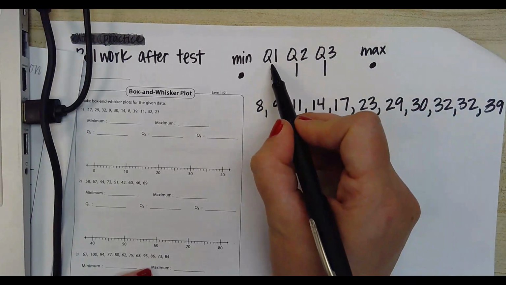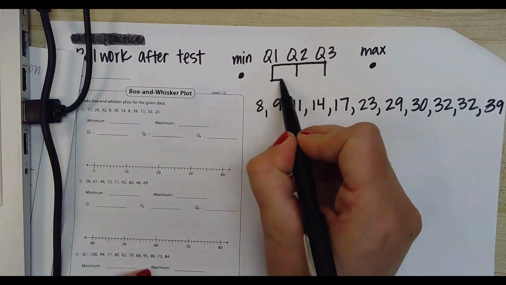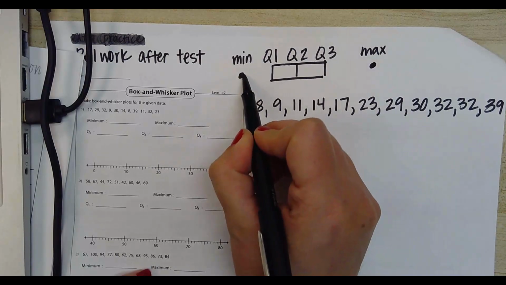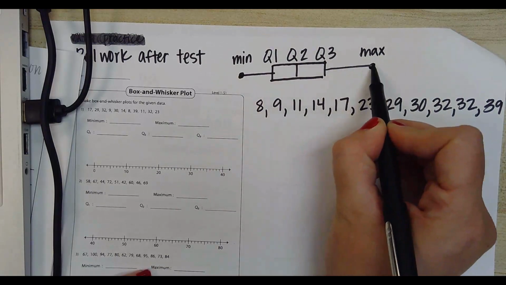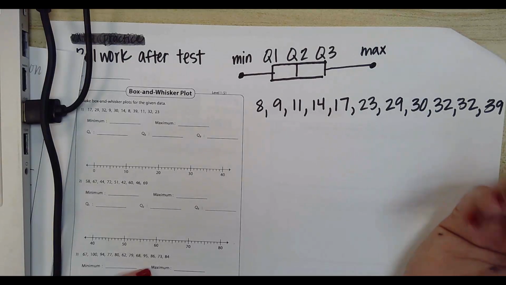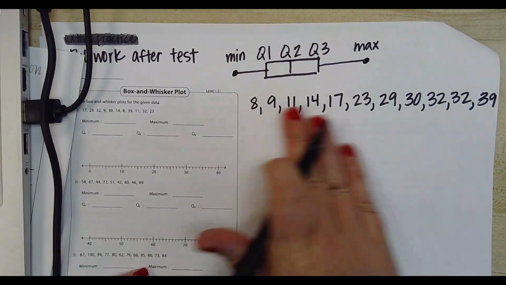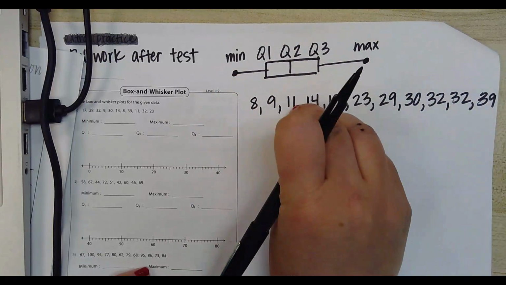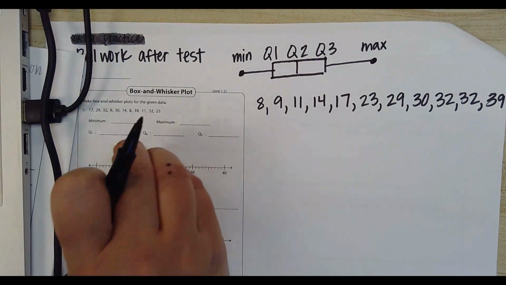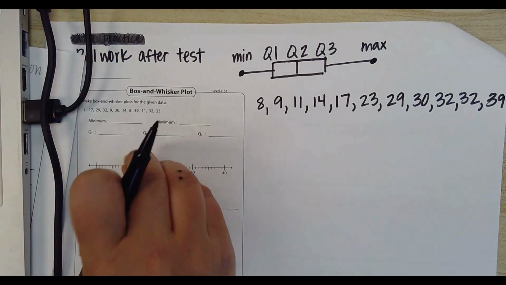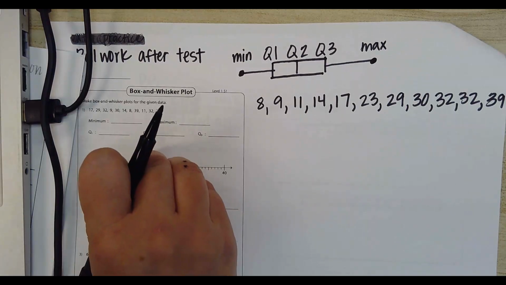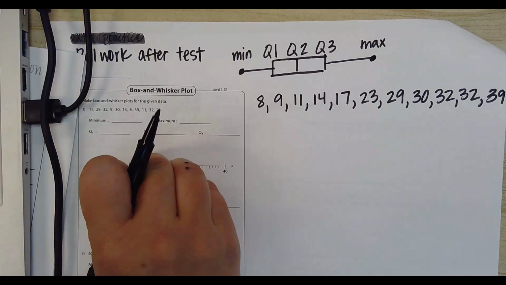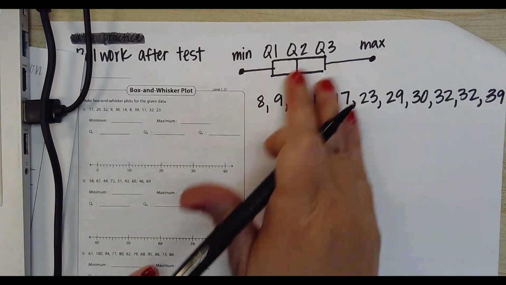From Q1 all the way to Q3 will be your box, and then you attach your whiskers. I just want you to identify them in the set and draw a box and whisker plot here. We'll do that on the number line together when we go over this for bell work. Get it? Got it? Good. So bell work after the test tomorrow is doing this.